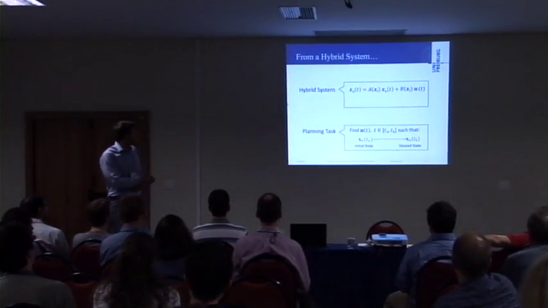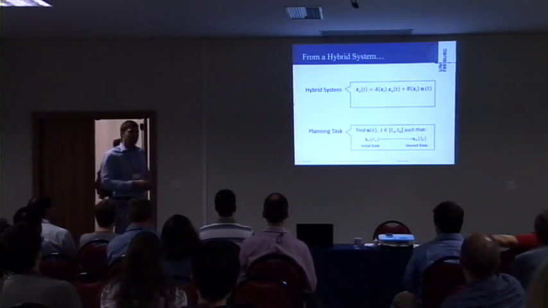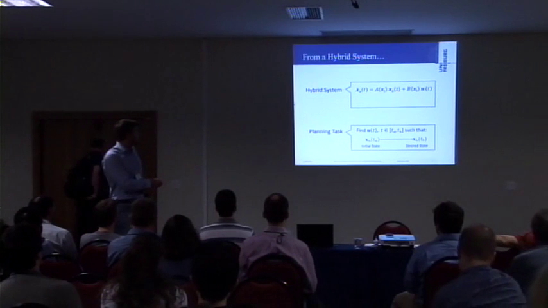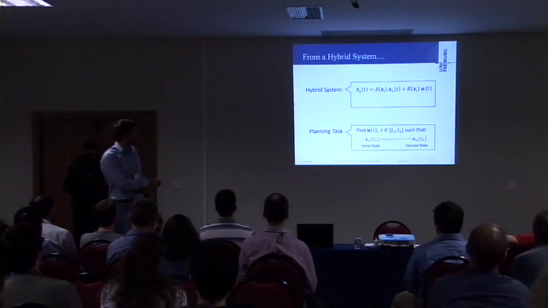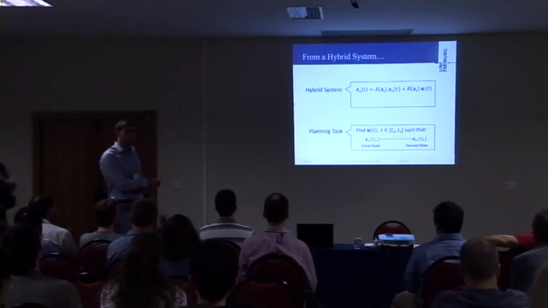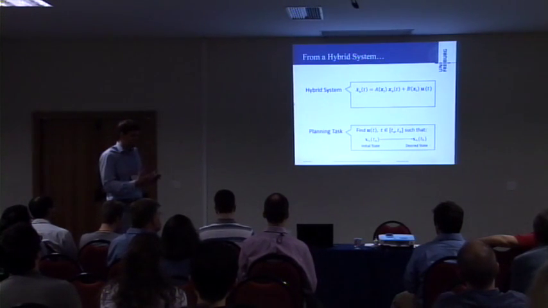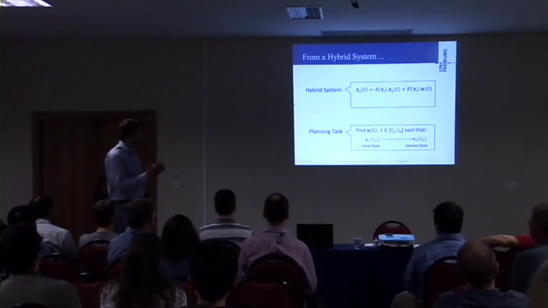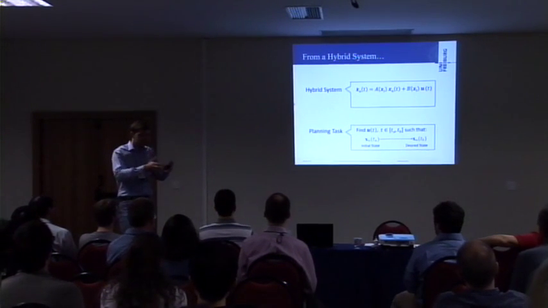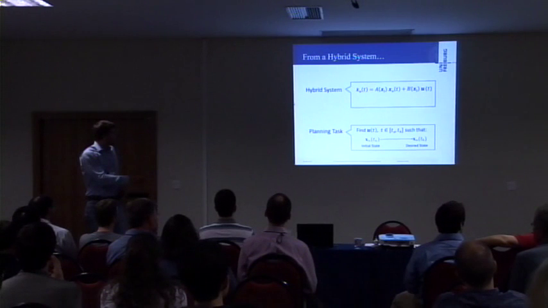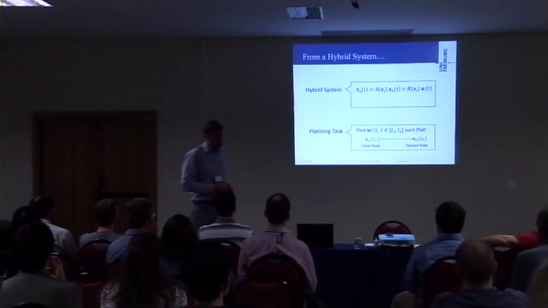And the planning task is now to find a sequence of forces or torques, or an external input signal u, within the time window t_0 to t, that transforms the initial state into a state satisfying some goal conditions. So this is the idea. We want to use a planner to generate the input signal, which then goes into the hybrid system and leads the hybrid system into a state satisfying some goal conditions.